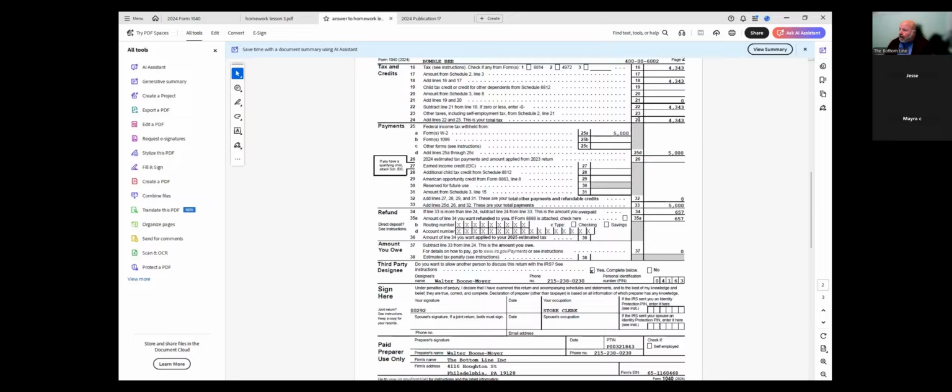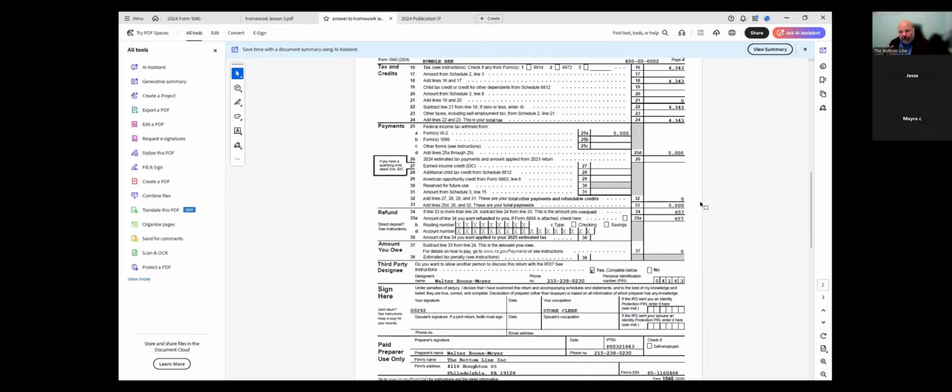This is where you'd also include estimated payments or credits, anything withheld from a W-2 or 1099, estimated payments, or credits. So the total payments was 5,000.